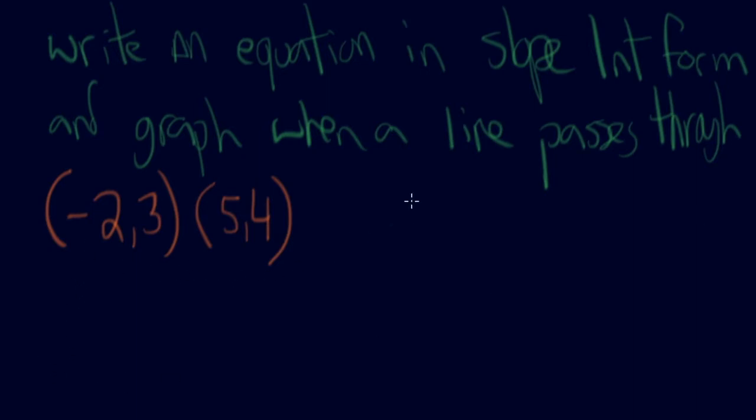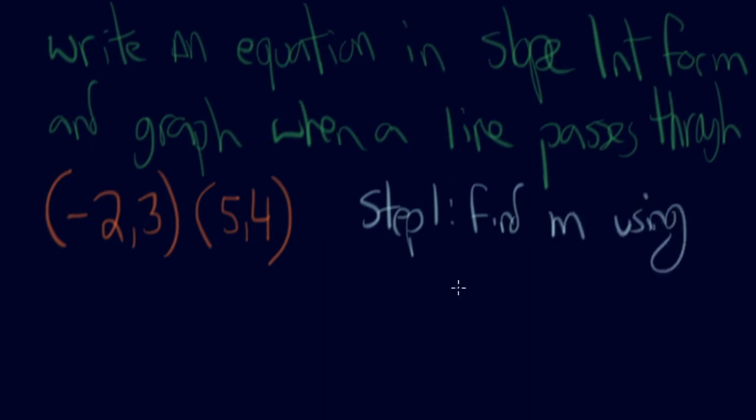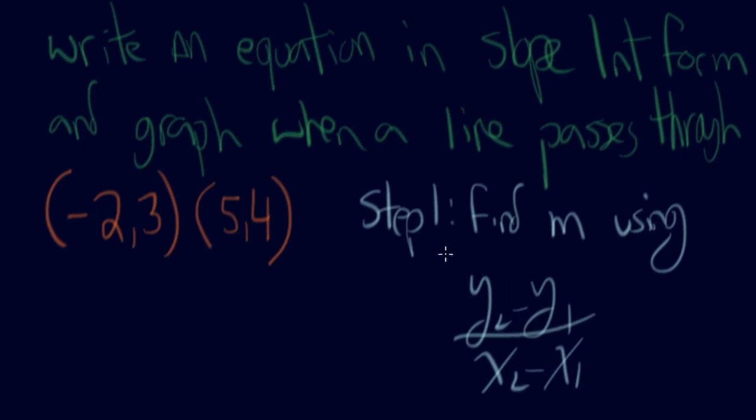I'm glad you asked. Step 1 is find m using the formula you already know. So find m doing y2 minus y1 over x2 minus x1, right? That's step 1. Remember, that's x1, this is y1, this is going to be x2 and y2, and you're going to do a bunch of math.